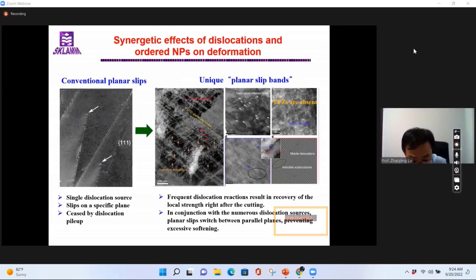Then they interact, so making the planar slip switch between different parallel crystallographic planes rather than concentrate on one single crystallographic plane. So by doing so, the plastic flow would be homogenized.